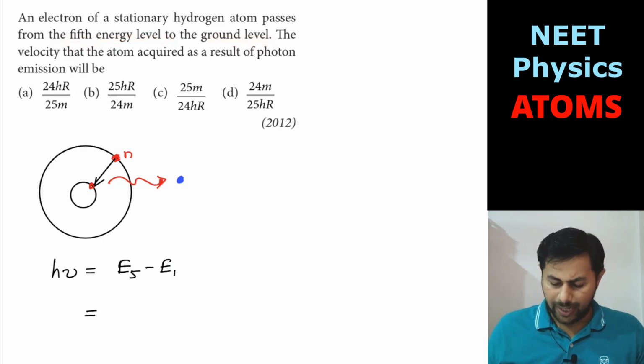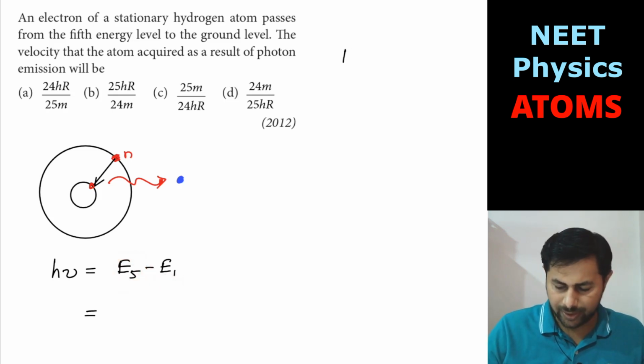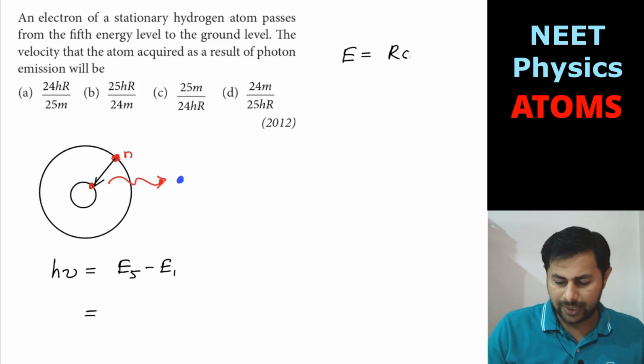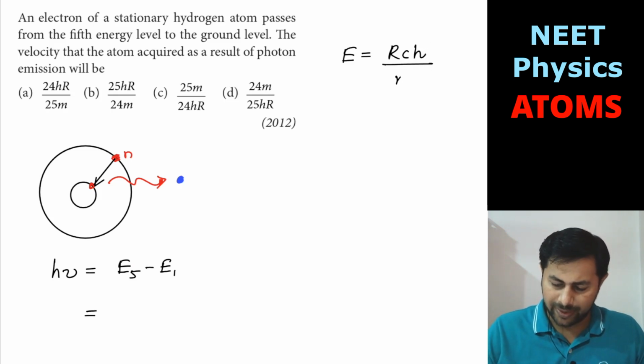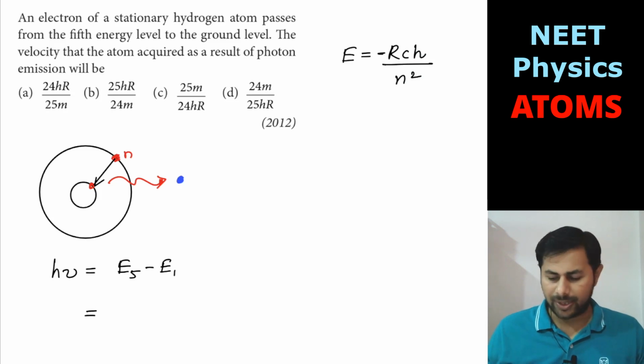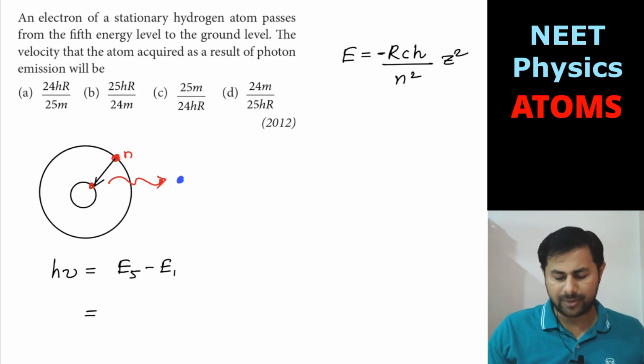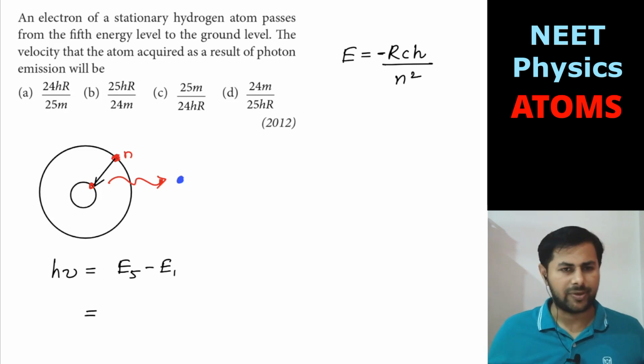Then you know the formula for energy: E is equal to minus RCH divided by n square, for the hydrogen atom. For some other atom it would be minus RCH by n square times Z square.